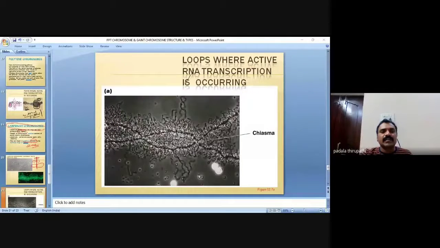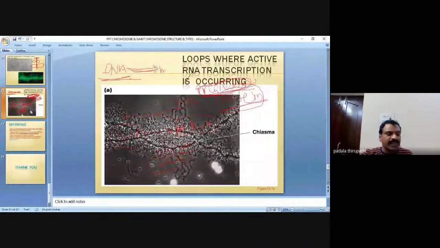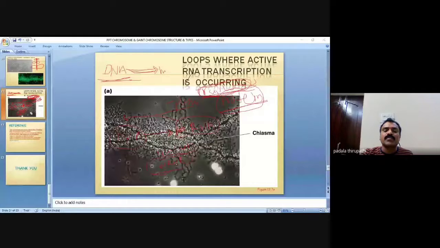So then, lamp brush chromosomes we observe not only in amphibians but also in Acetabularia. My dear friends, in competitive exams, the largest or longest chromosomes are observed in Acetabularia plants.